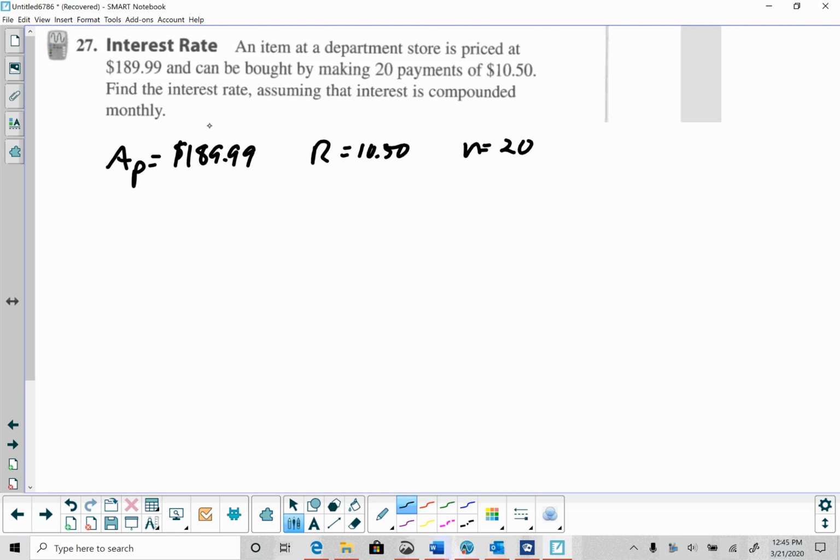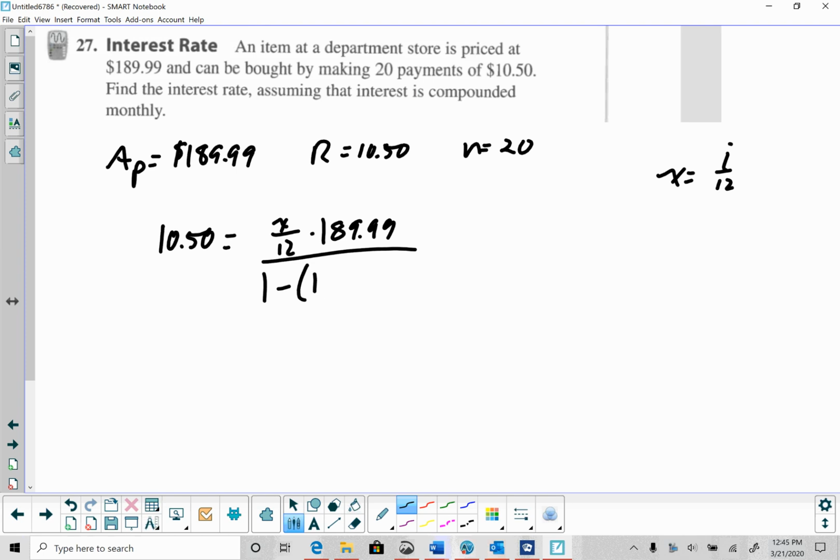If it's compounded monthly, then x is going to be I divided by 12. So we can say our 10.50 is equal to x over 12 times the 189.99, 1 minus 1 plus x over 12 to the negative 20th power.